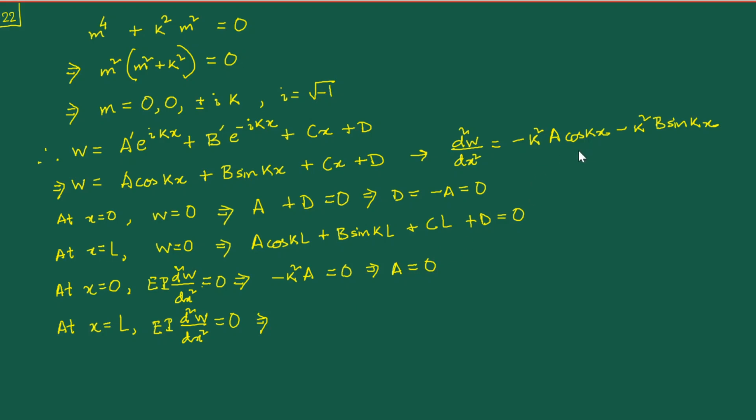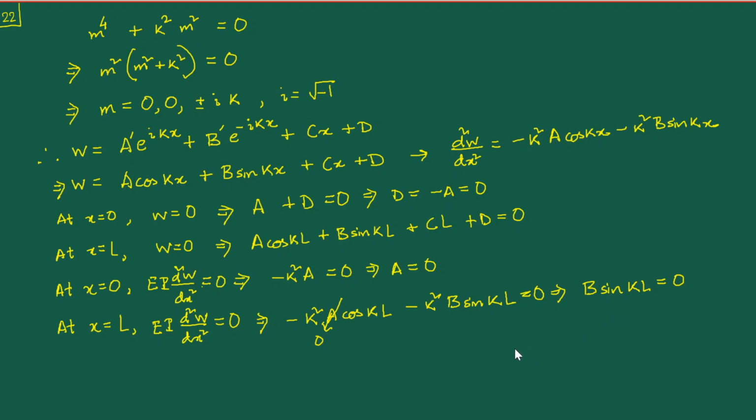So what I'm getting here is minus k squared a cos kL minus k squared b sin kL, but really this a is 0, so we don't have to worry. So ultimately what we are obtaining from here is that b sin kL is equal to 0.